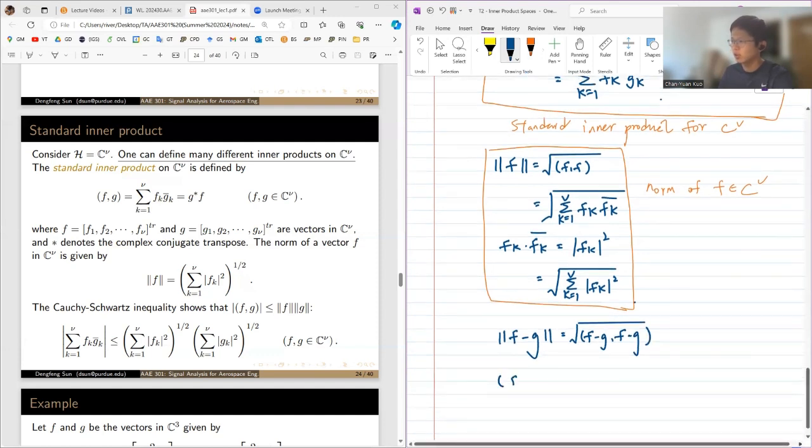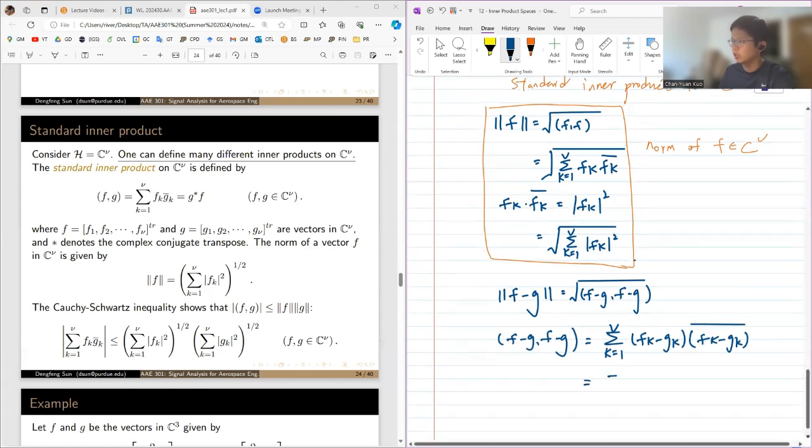That inner product is the summation of fk minus gk times the complex conjugate of fk minus gk, k from 1 to ν.